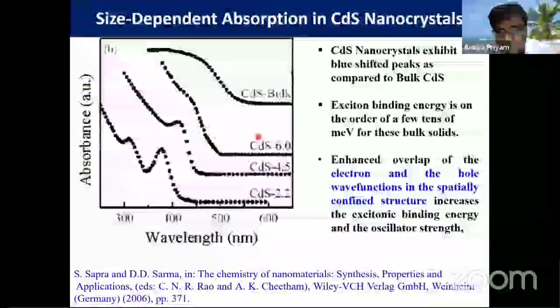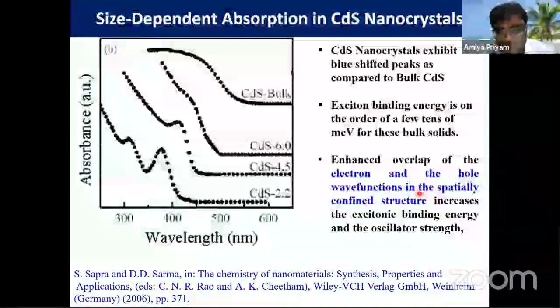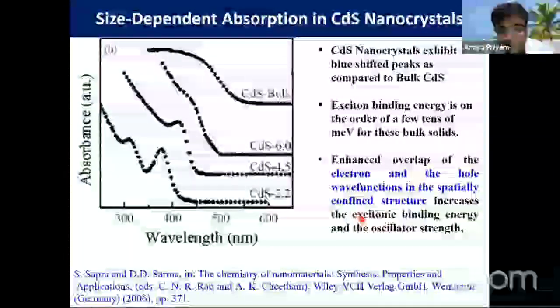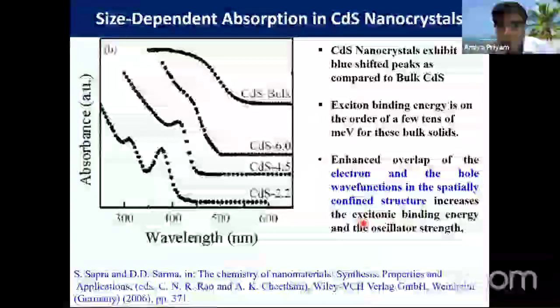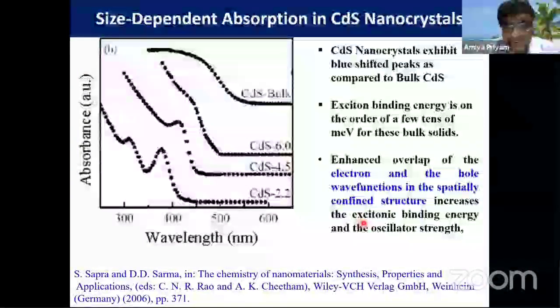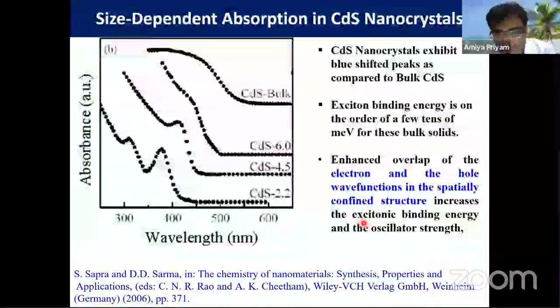This spatial overlap between electron and hole makes the exciton bind, and because of this the exciton binding energy increases. So they are tightly bound, and you need some energy to unbind that electron-hole pair.